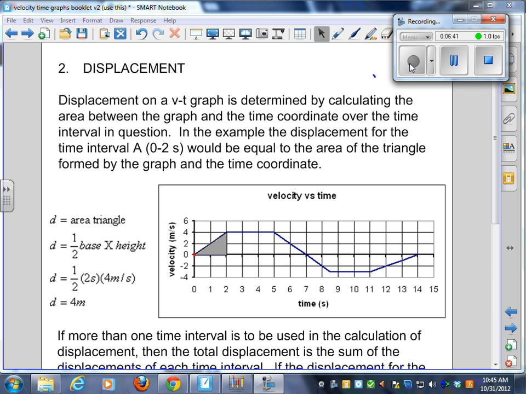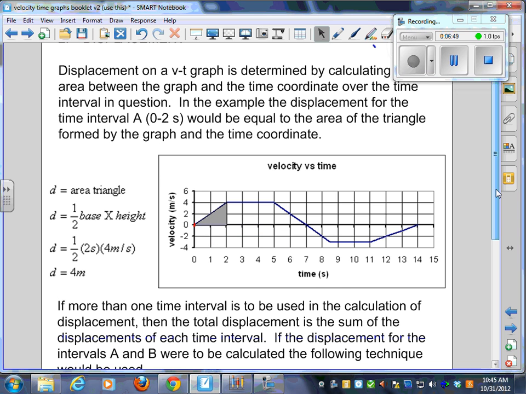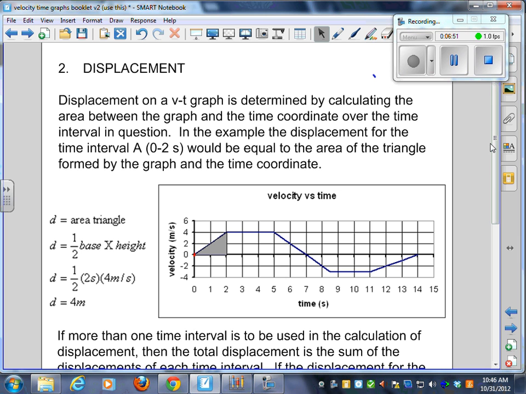That's wonderful. Now let's talk about displacement. There's going to be more. Watch very carefully when we talk about displacement. Displacement on a VT graph is determined by calculating the area between the graph and the time coordinate over the time interval in question.